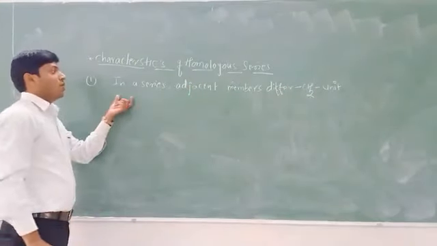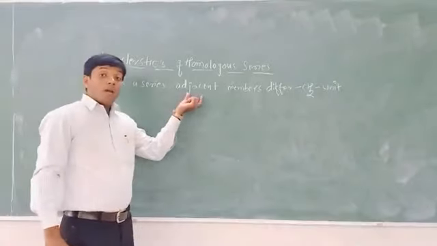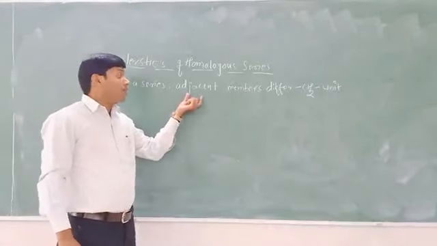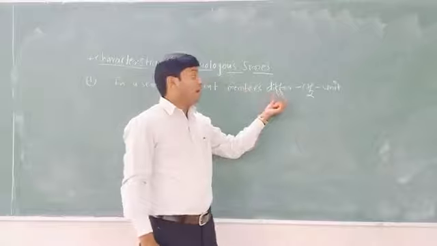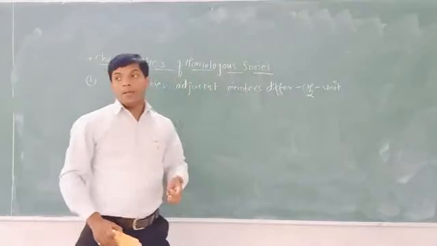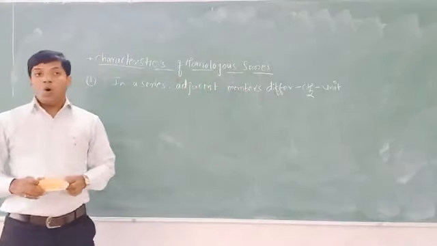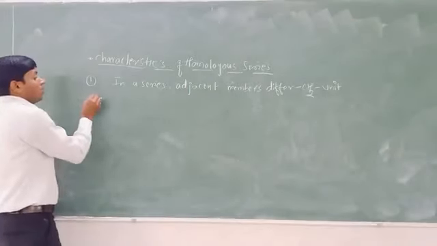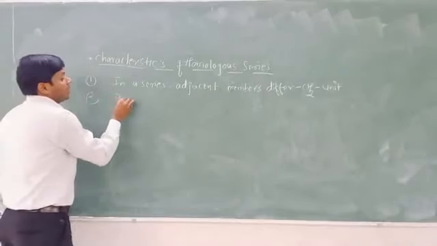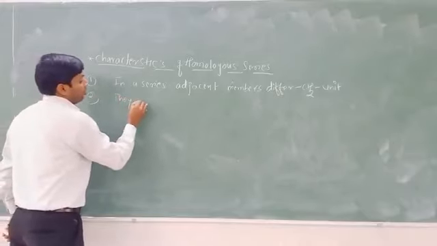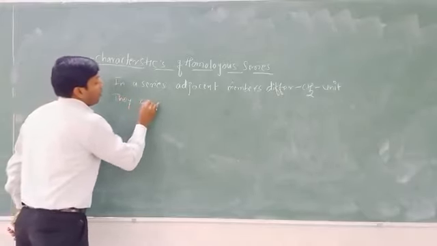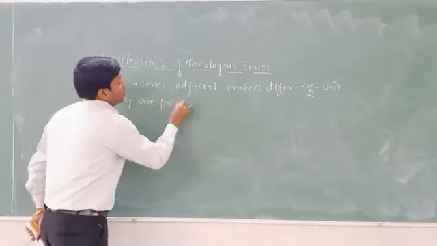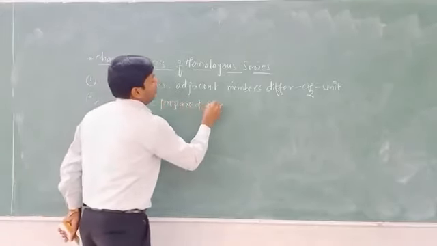In the homologous series, whatever adjacent members are there, they differ by a CH2 group or CH2 unit. Second characteristic property: in the homologous series, all the organic compounds are prepared by the same method.